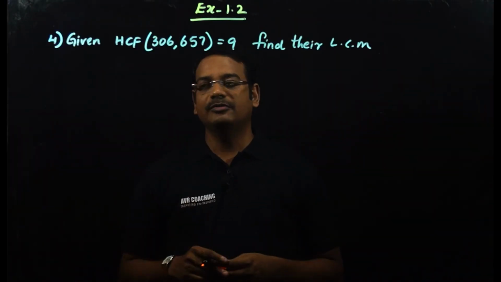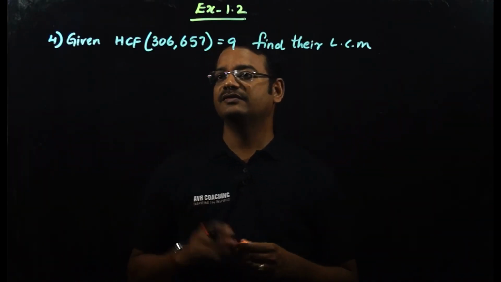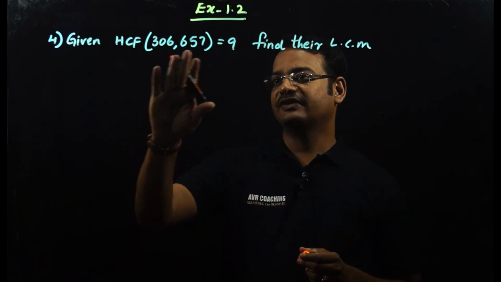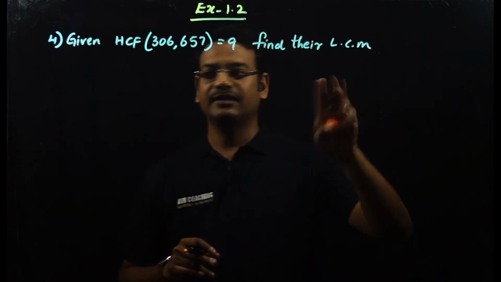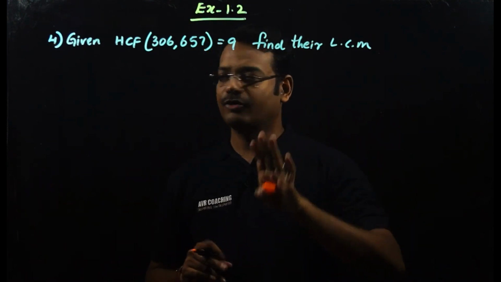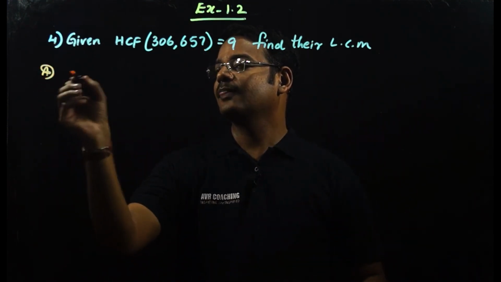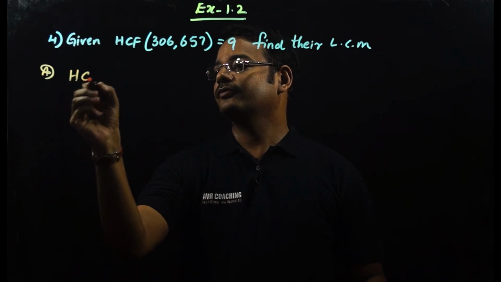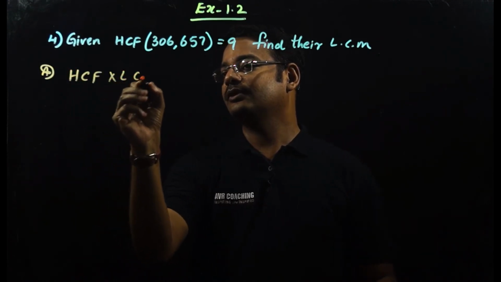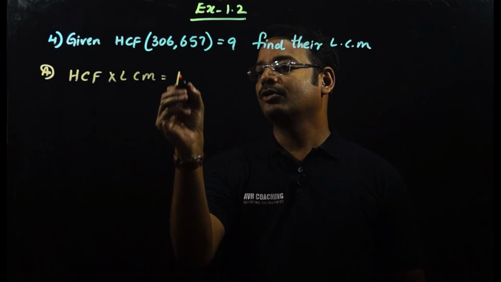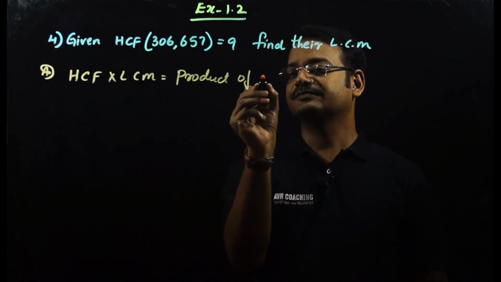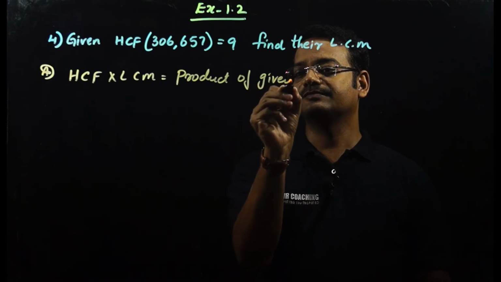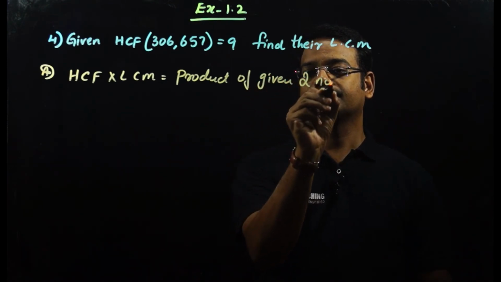In the fourth problem, he has given us the HCF of 306 and 657 is equal to 9. We need to find the LCM. So here we are going to apply the formula: product of HCF into LCM is equal to the product of the two given numbers.